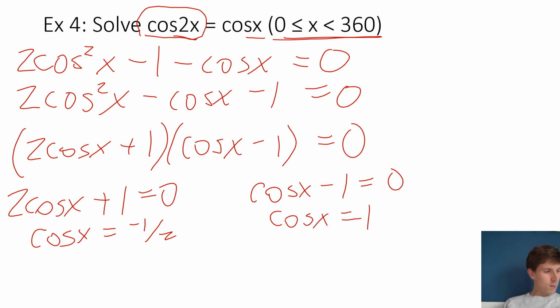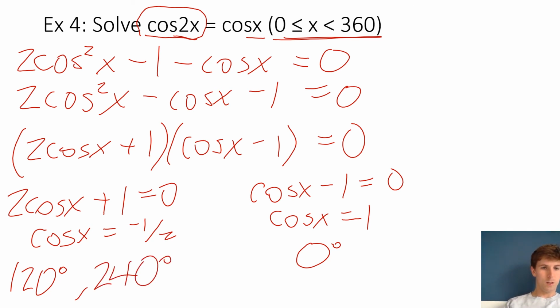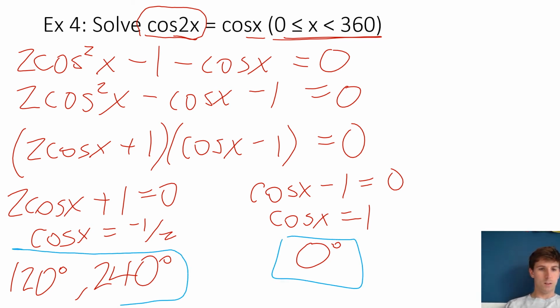Cosine x equals 1 is just at 0 degrees. Cosine x equals negative 1/2 takes place at 120 degrees and 240 degrees. And there we have it, those are our 3 answers right there.